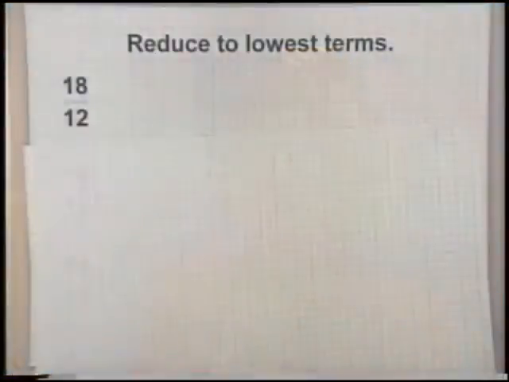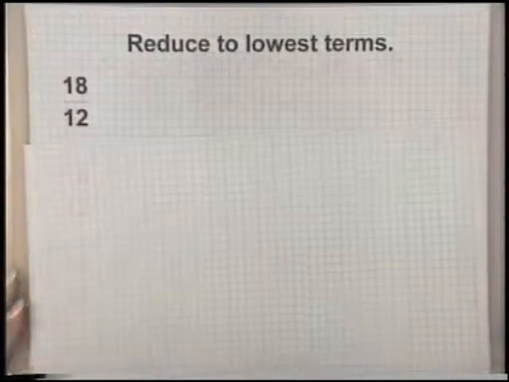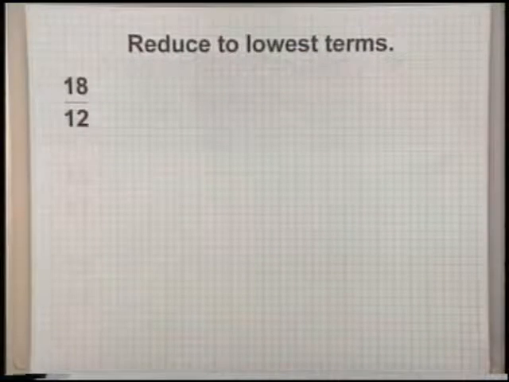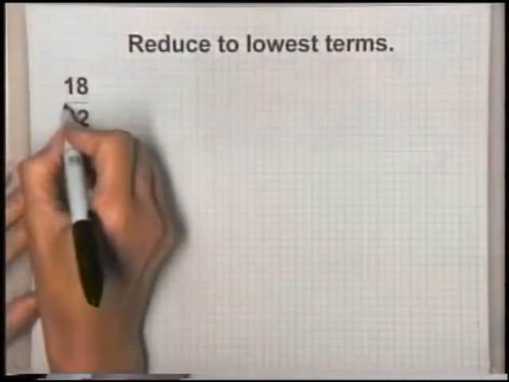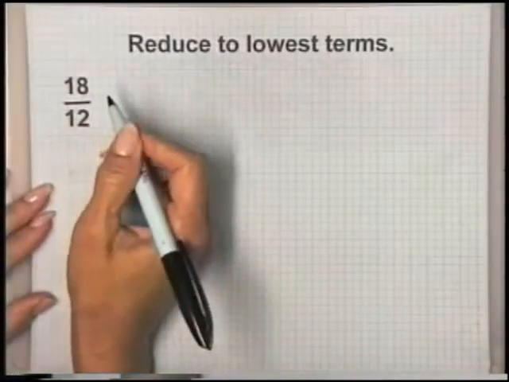I'd like to begin by reviewing how we reduce fractions in arithmetic. Let's look at this next problem. Reduced to lowest terms, we have the fraction 18/12. Now, there are a couple of ways we can do this.